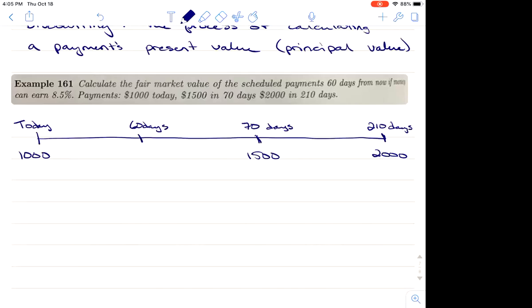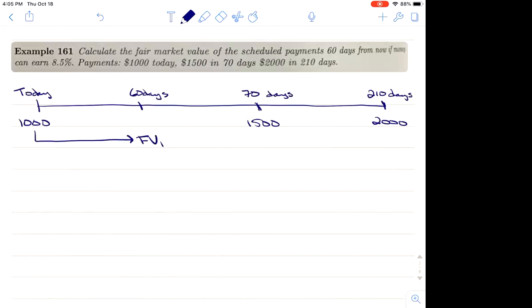I'll start with the 1,000. My arrow's going forward, so that means I'm calculating a future value. I'll call this future value 1. Then my 1,500, I have to pull it back. I have to discount it. Even though this is my first P, I'm going to call it P subscript 2.